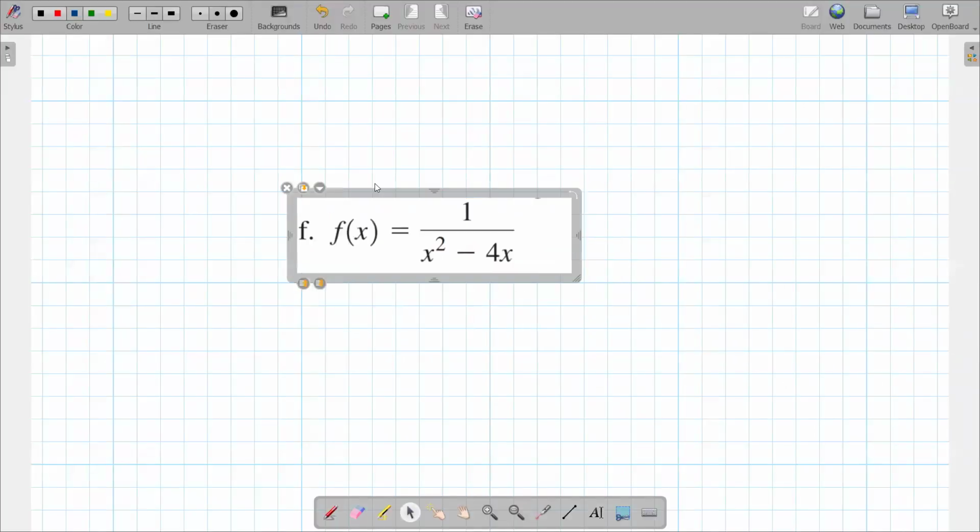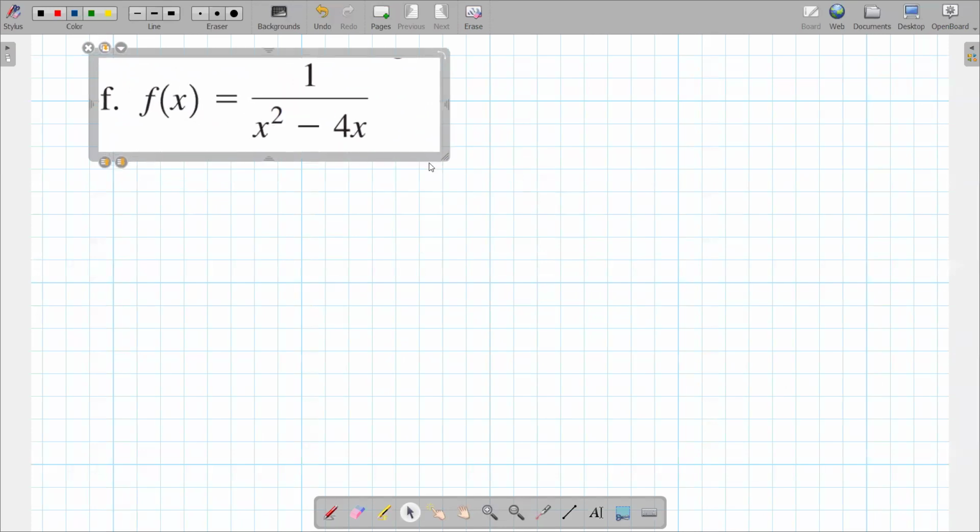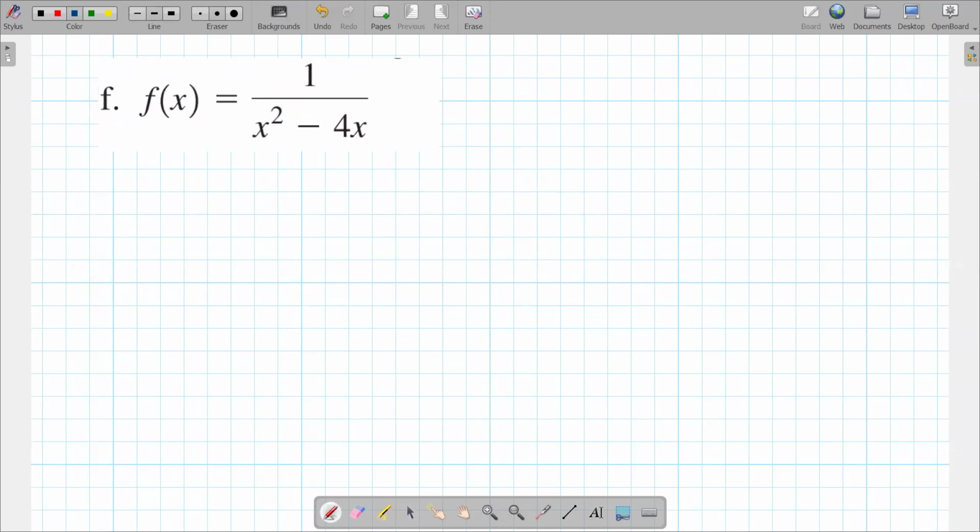Let's try this one. Let's find the x-intercept. Remember, for the x-intercept, you set y equal to 0. So 0 equals 1 over x squared minus 4x. How do we solve this for x? You multiply by the denominator so the denominator disappears, and you get 0 equals 1.